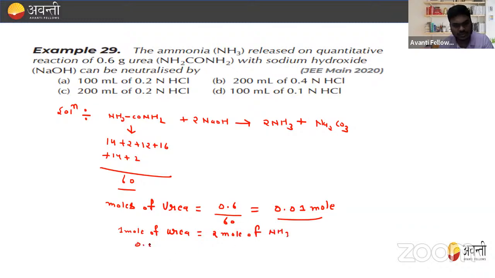So 0.01 mole will give 0.02 mole of NH3. Is it true? Right.